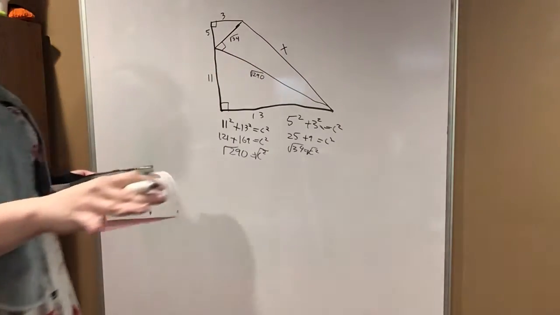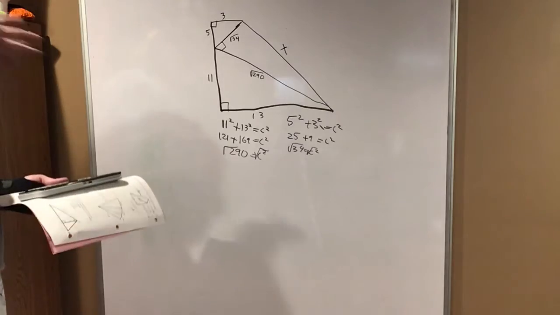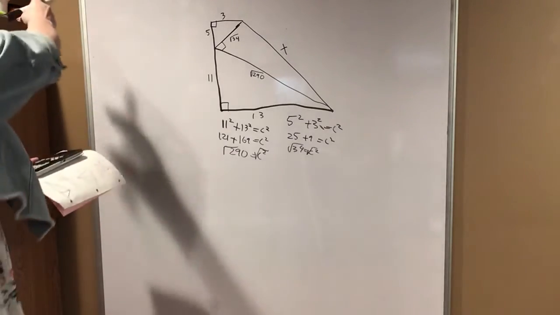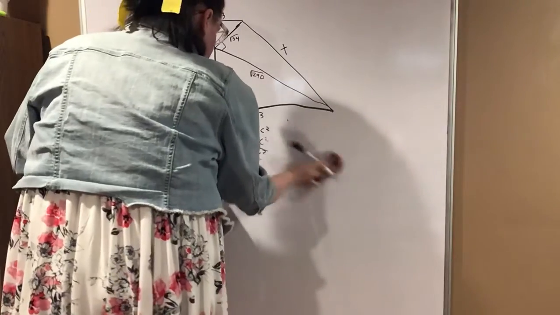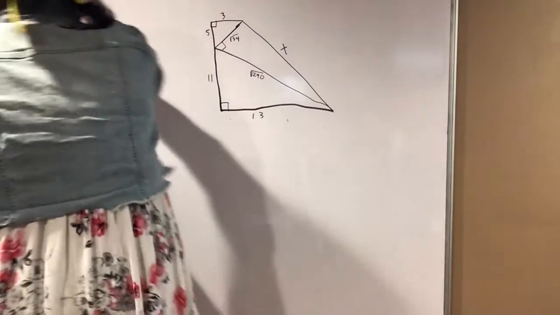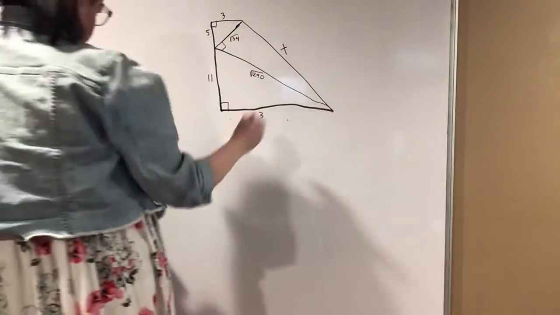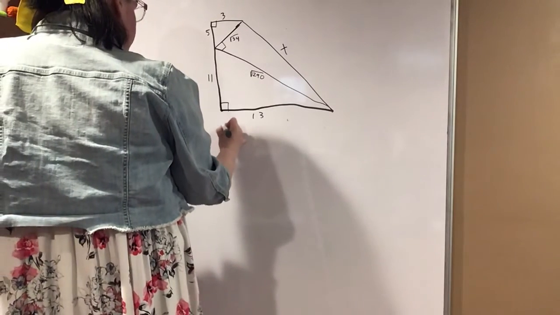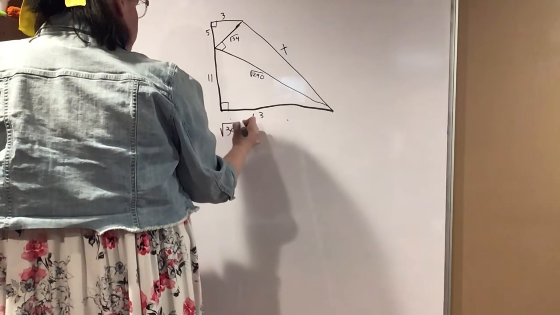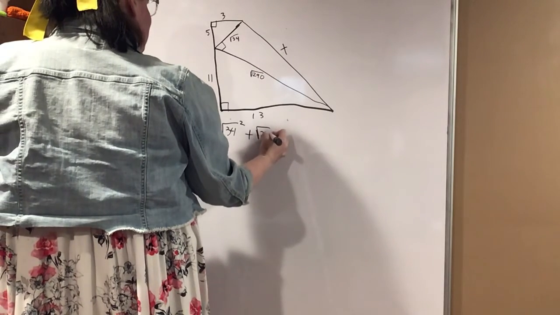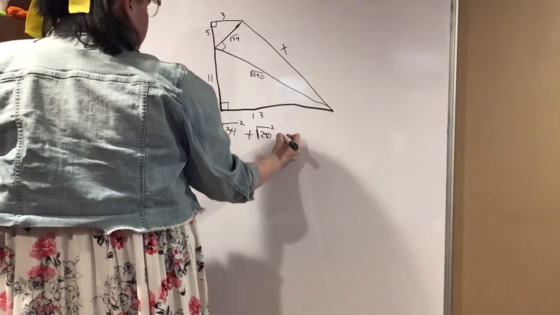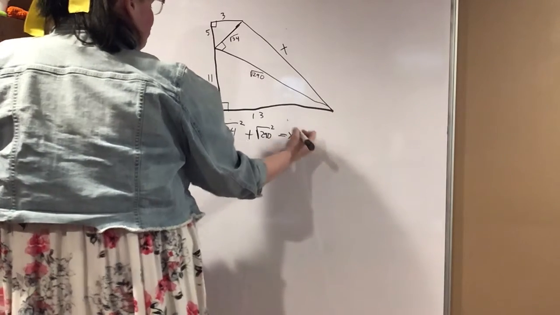This is the reason I told you to leave it under the radical. I will show you. So, I'm going to erase these other ones, and we're going to move on to the third one. So, here's the reason why. We have the square root of 34 squared plus the square root of 290 squared equals x squared.